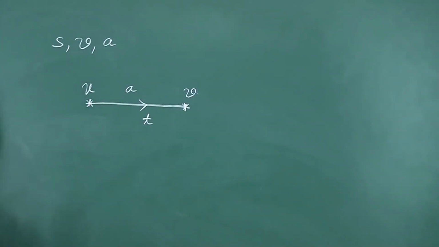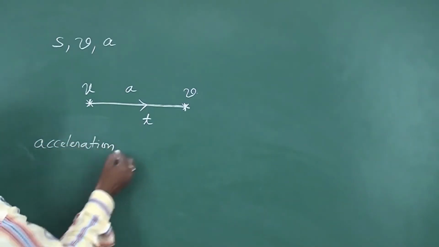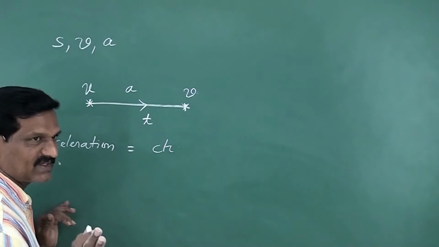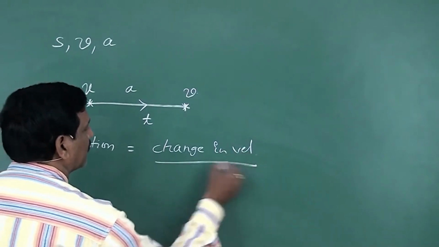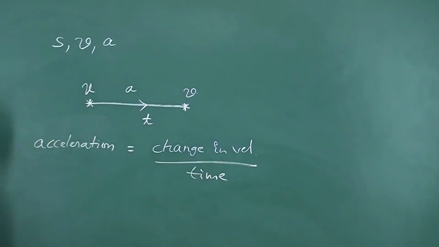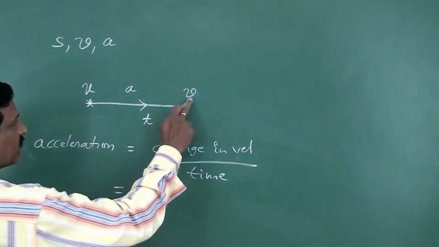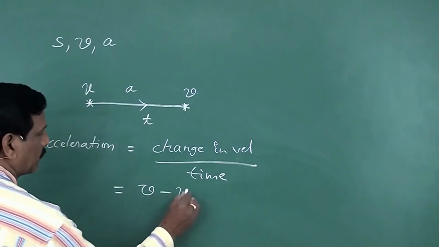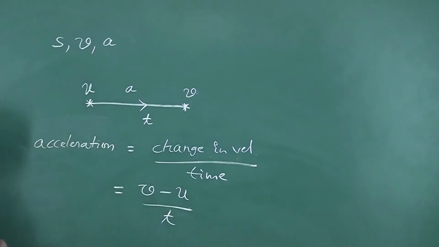Now from the definition of acceleration, what is acceleration? Acceleration is equal to rate of change of velocity. Rate means per second. That means change in velocity by time taken. This is the definition of acceleration. Change in velocity means final velocity minus initial velocity. Here final velocity is v, initial velocity is u, and this change takes place in a time of t.